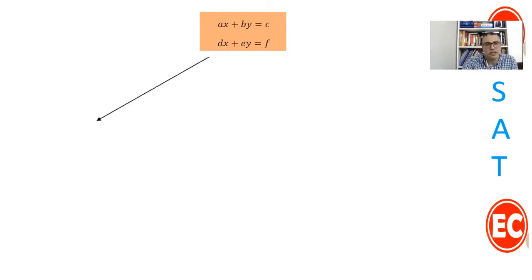We have three cases. The first case is intersecting lines, which happens when you divide the coefficients of x: this is a1, b1, c1, and a2, b2, c2. I may not write c1.